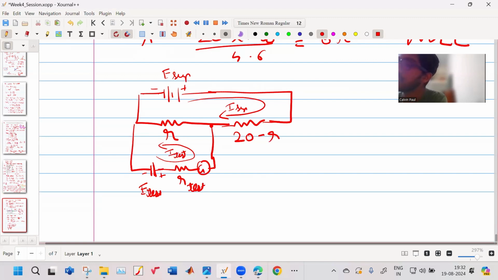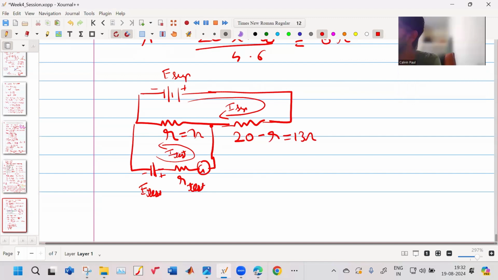They told the resistance is moved 1 ohm to the right. So R becomes equal to 7. So this becomes equal to 13 ohm. Right? So now we must find what is my I test. So I'll apply KVL in mesh 1. So it is minus plus E supply, and E supply is given as 4.6. So 4.6 minus 13 into I supply.